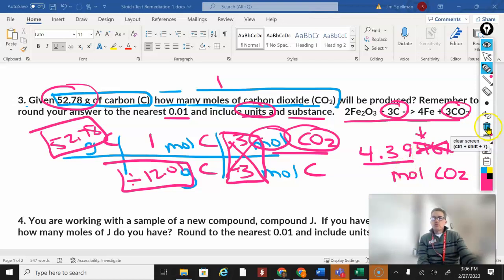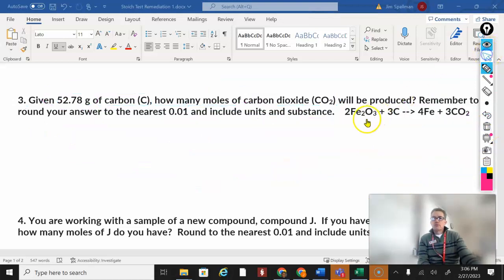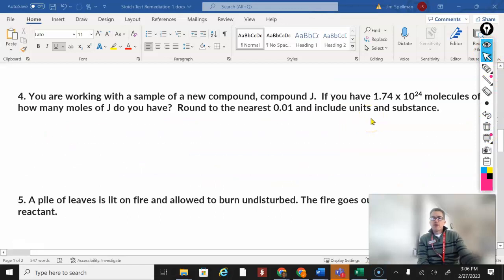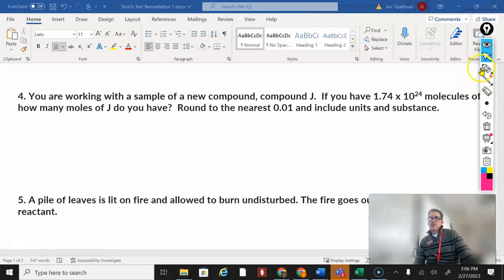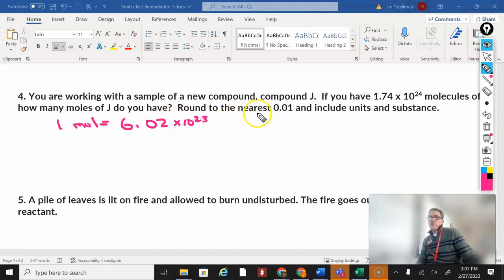All right, number 4. This is a conversion between molecules and moles. By definition, a mole is a counting number. And so, as we went over before we had our test, 1 mole is 6.02 times 10 to the 23rd atoms or molecules or whatever it is.